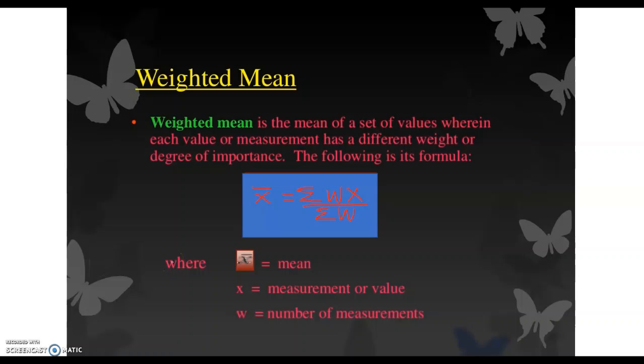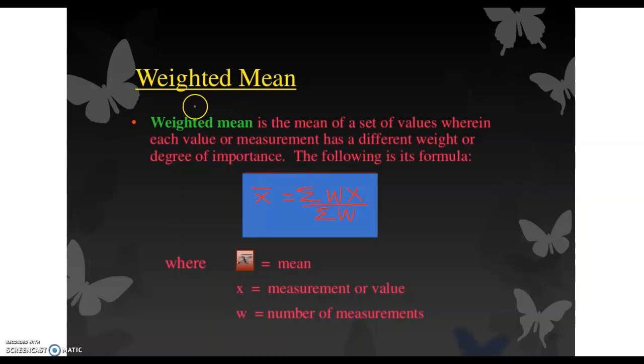So children, next one is weighted arithmetic mean. Sometimes it is important to assign weights to various items according to their importance when you calculate arithmetic mean. So what is weighted arithmetic mean? It is the mean of a set of values wherein each value or measurement has a different weight or degree of importance.